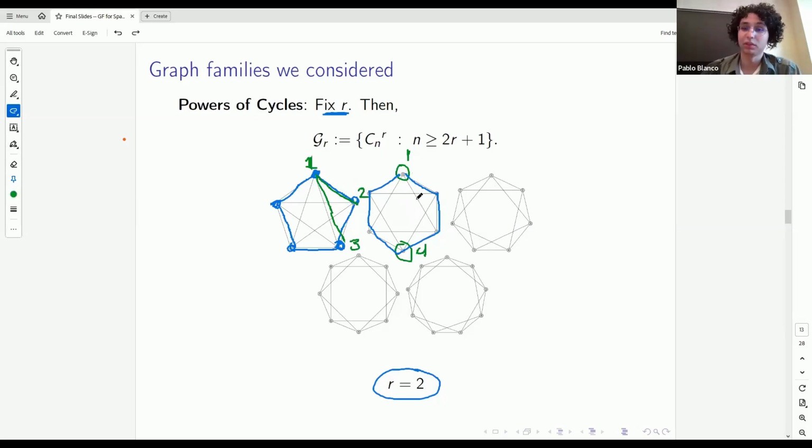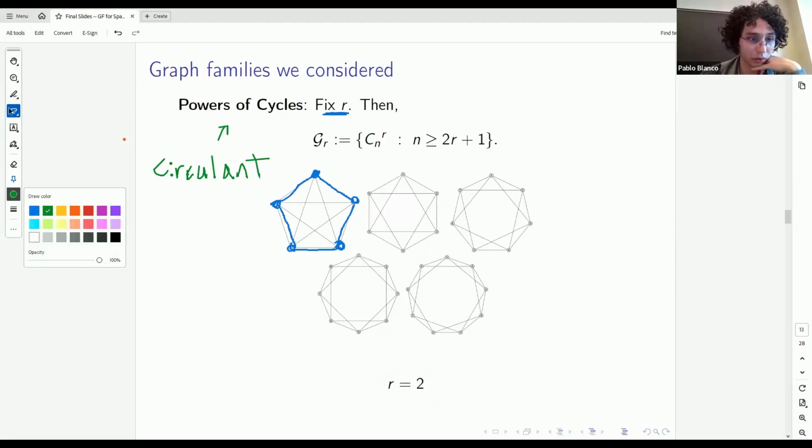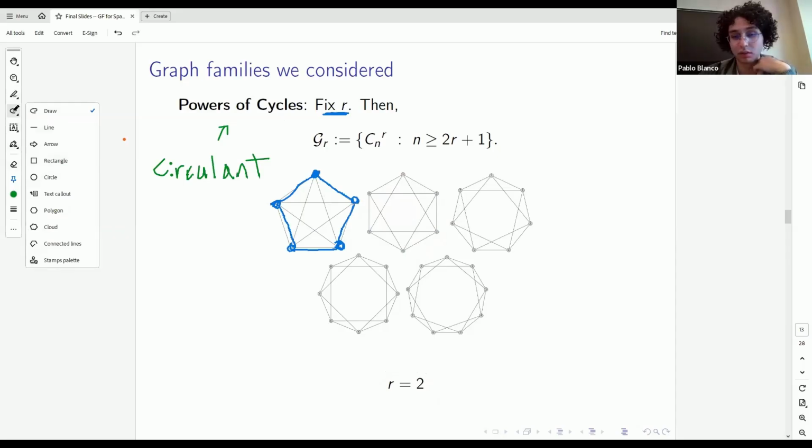We're not friends. So that's one family that we considered, powers of cycles. This is also a special case of circulant graphs. So you might have also heard of those instead.